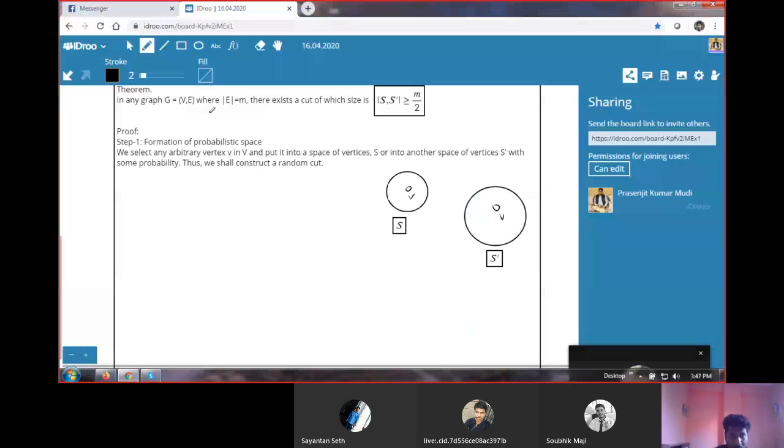Next, in step 2, what we do is the computation of expectation. What is that?